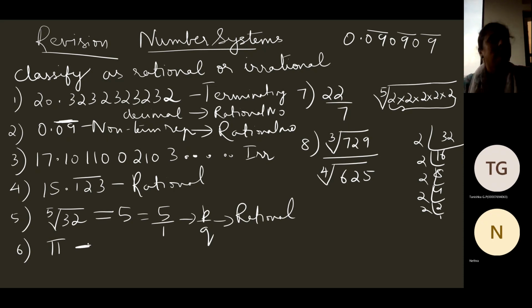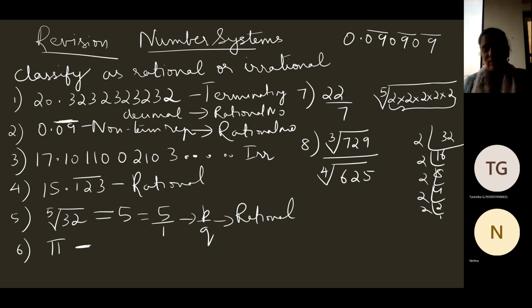Pi. What about pi? Irrational, because the value of pi is a non-terminating, non-repeating decimal. For calculation purposes, we take pi as 22 by 7, but pi is not equal to 22 by 7. If you take a non-terminating, non-repeating decimal, now pi r square, you have to find the area of a circle, how will you calculate?